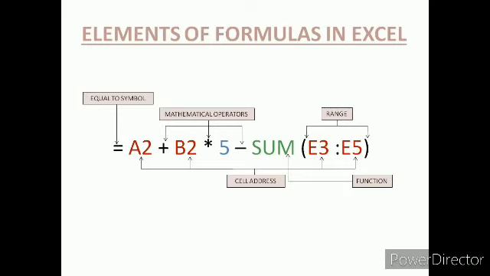The very important element of a formula, equal to symbol. The formula must always begin with the equal to symbol, as I have already said. The last one is constant, the value which remains fixed during the calculation. So these are the different elements of a formula.